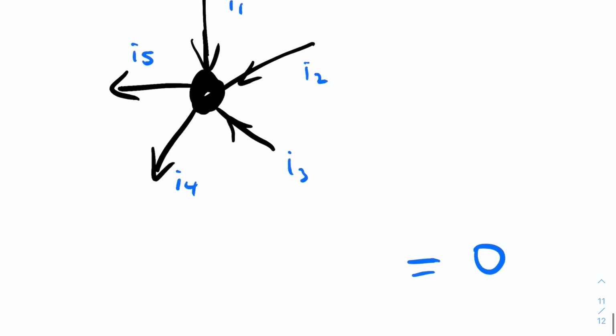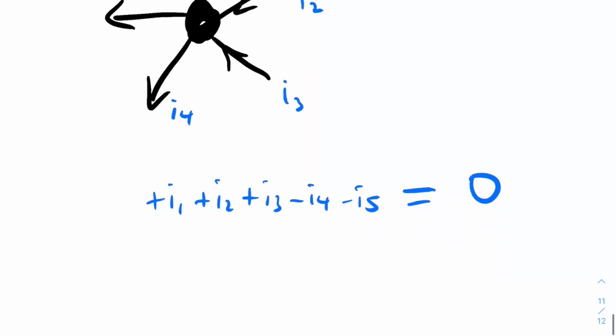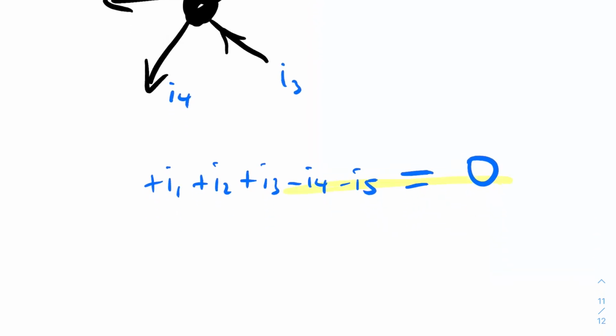So we can say plus I1 plus I2 plus I3 minus I4 minus I5 is equal to 0. And this would be our KCL equation. Then we could reword that by saying I1 plus I2 plus I3 is equal to I4 plus I5, because we just add I4 and I5 to both sides.